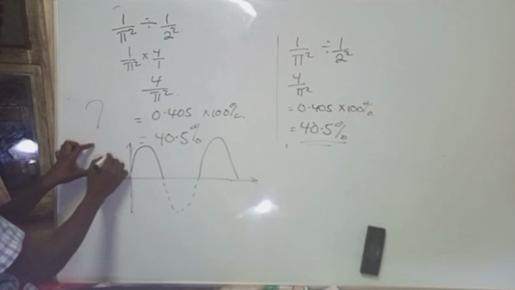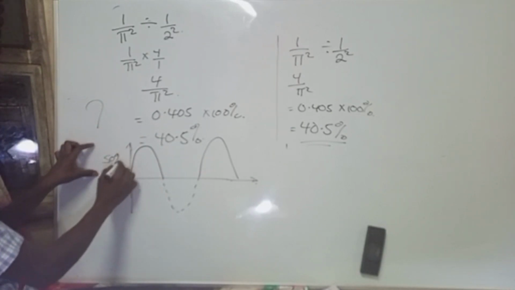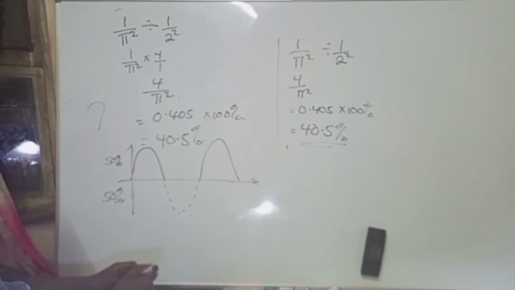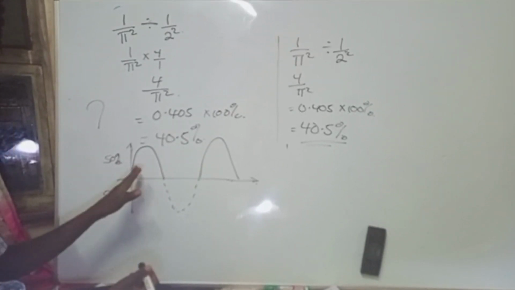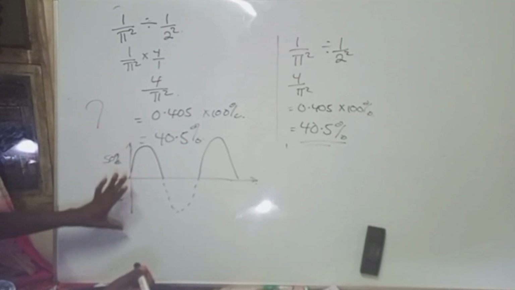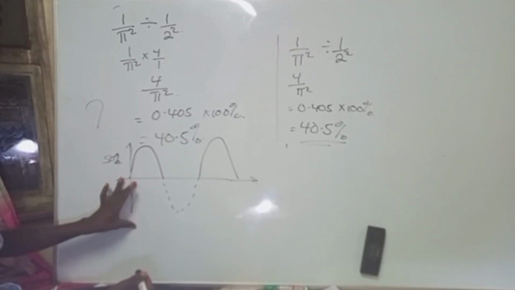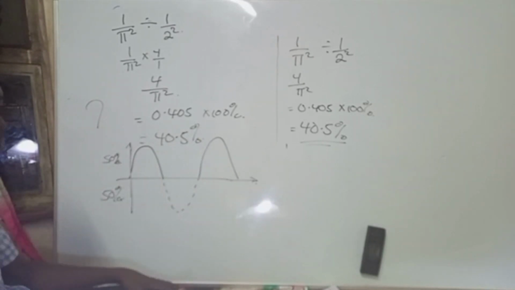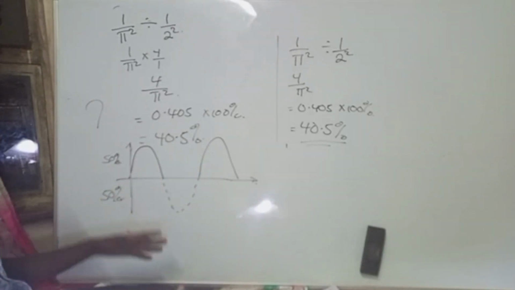The upper portion contains 50% of the power, and the lower portion also contains 50% of the power. But a half-wave rectifier only caters for the upper 50% and does not utilize the lower 50%. Are we clear?